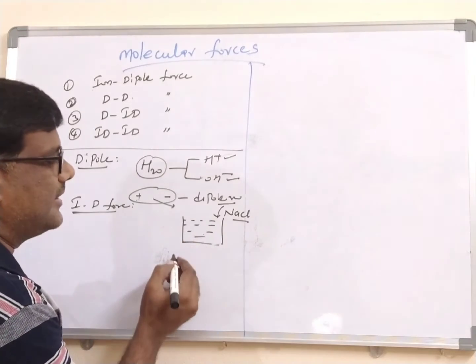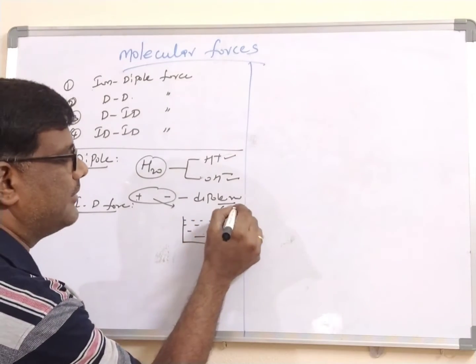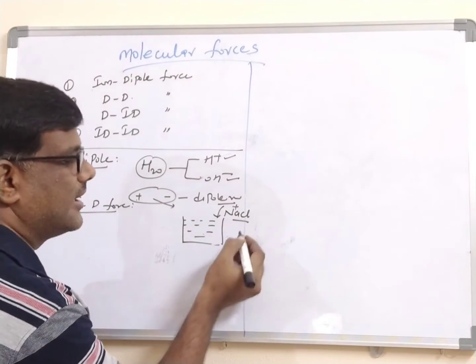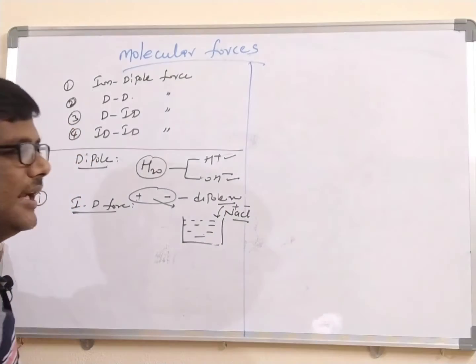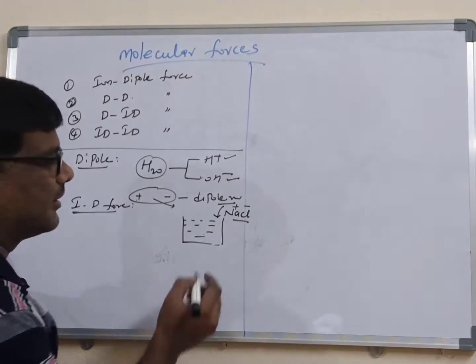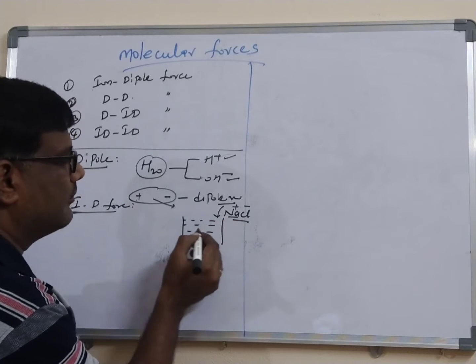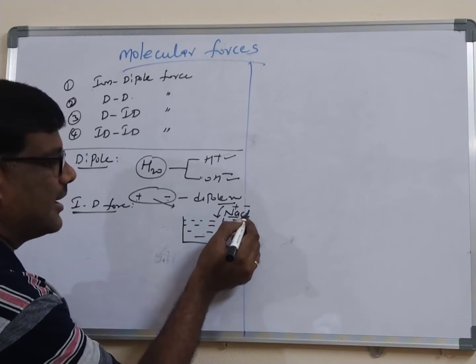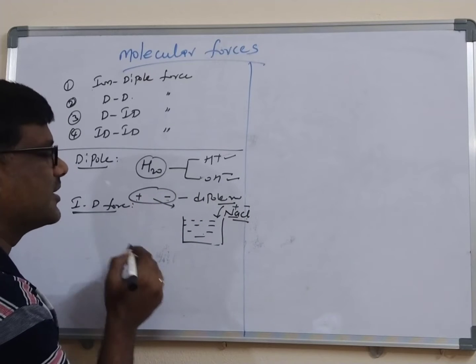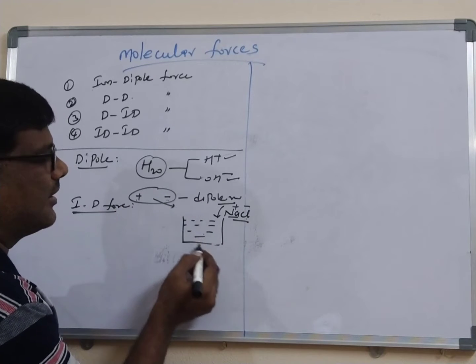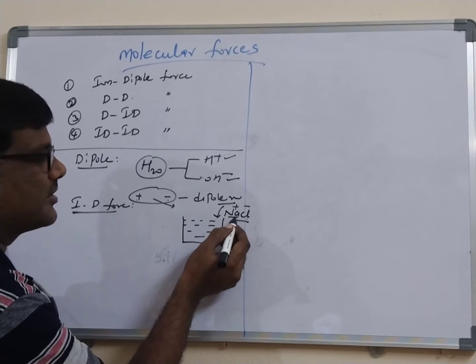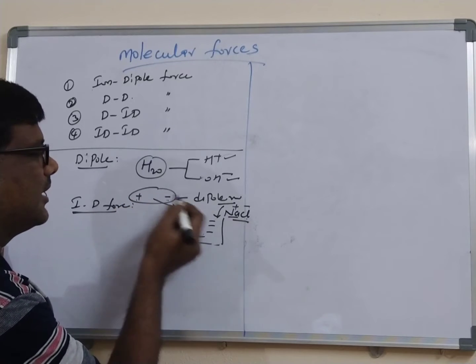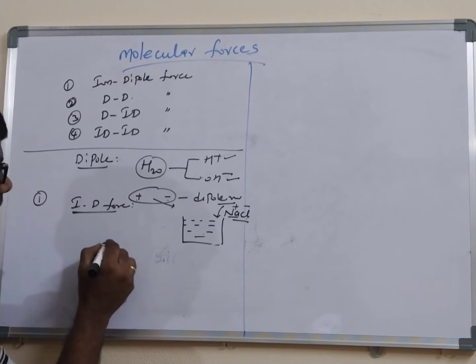Whenever sodium chloride is added to the water, sodium chloride, an ionic compound, gives the Na plus and Cl minus ions. Now, this sodium ion moves to the negative end of the dipole, and the Cl minus ion moves to the positive end of the dipole. Water will have plenty of dipoles. So the positive ion moves to the negative end, the negative ion moves to the positive end. Ultimately you will get like this.